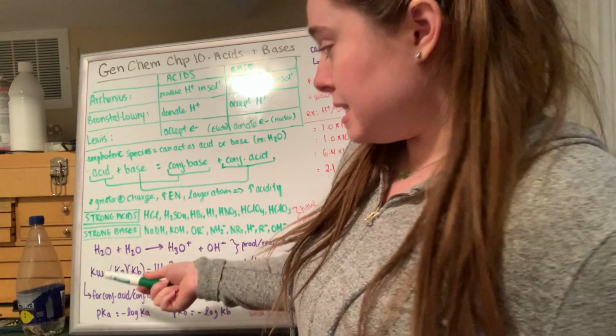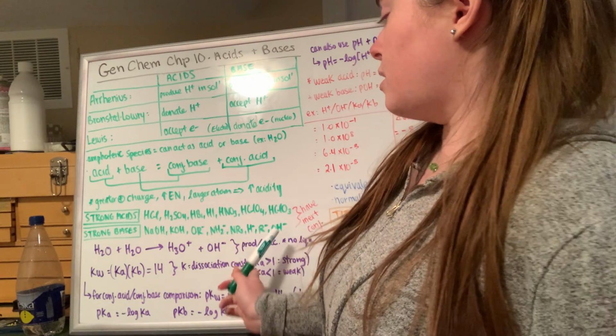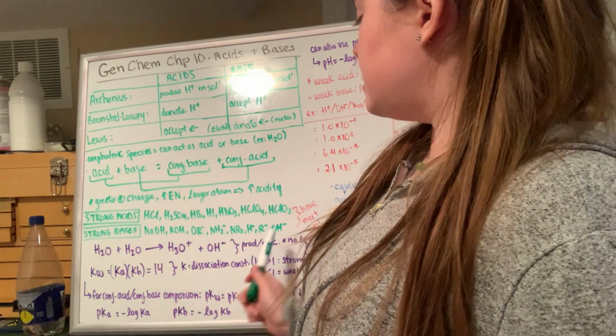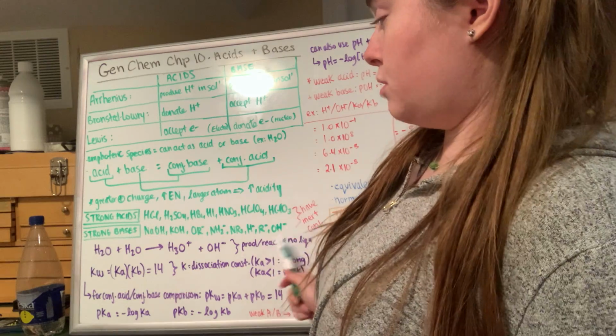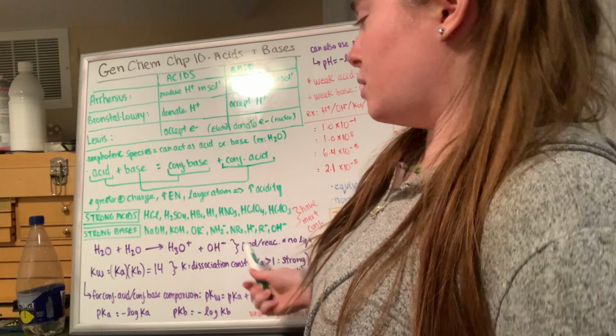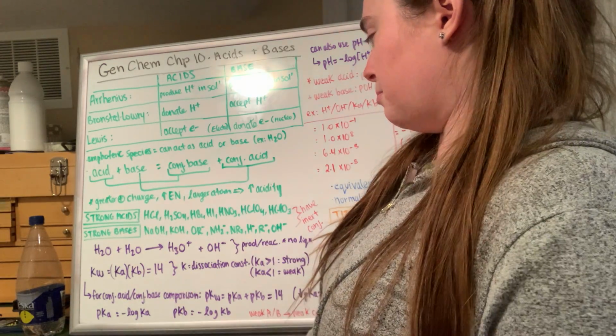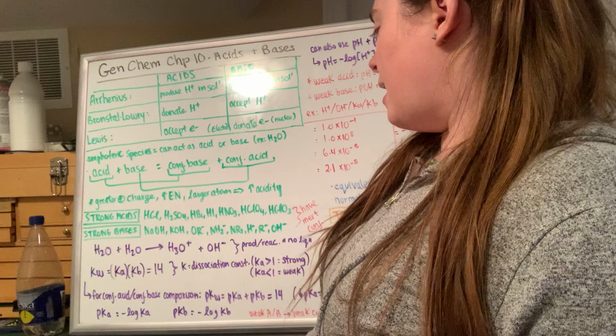Whereas strong bases, for example, NaOH, KOH, you can also have different variations. Basically anything that has an OH minus in it, in solution, like we said. Bases are a little more tricky, but if you see the OH, you can be pretty confident.